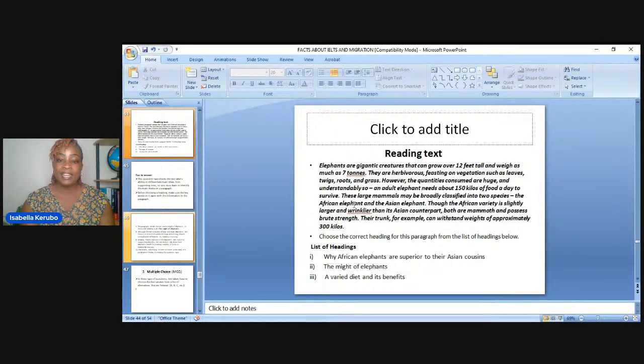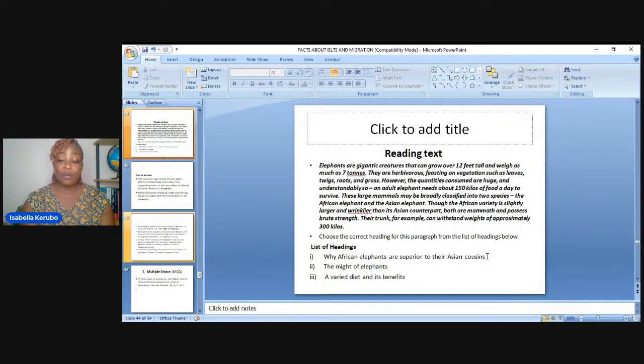African elephants was mentioned here when the text was talking about the classification, or the different types of elephants. So this information cannot be the main theme of this text.